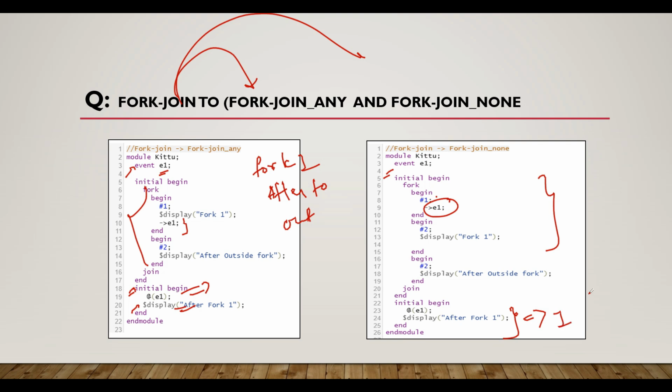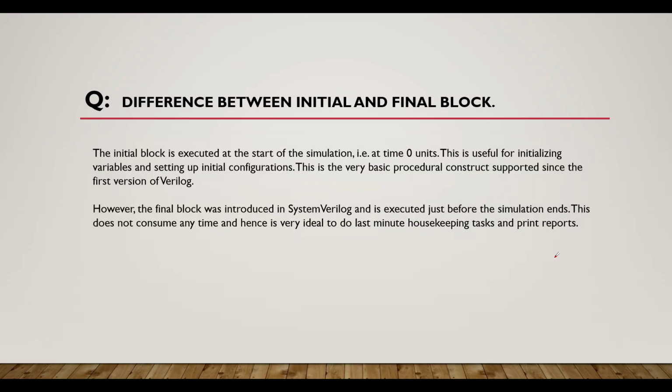So first this is executed, after that this, and after that this. Here you can see the behavior of fork join none by using fork join. This way you can achieve fork join any from fork join, and fork join none from fork join. I hope it is clear to you. Now let's jump to the next question.